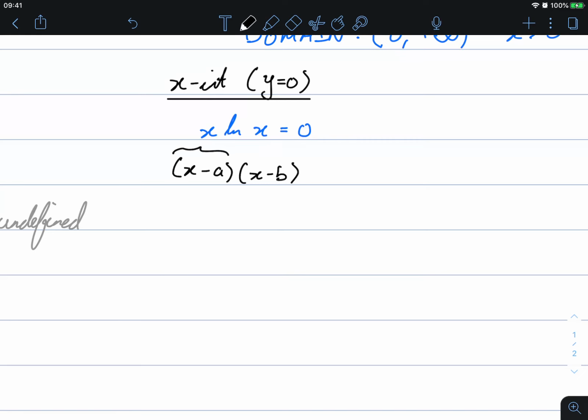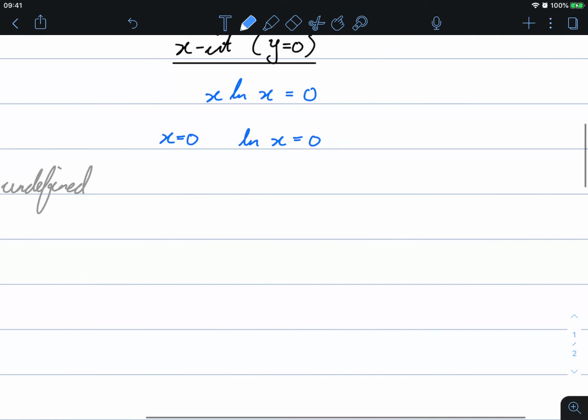There's x and ln of x. Because of this, we're going to let each factor equal 0. So I'm going to let x equal 0, and ln of x is equal to 0. Well, we already know that this is undefined, so this is not a solution.